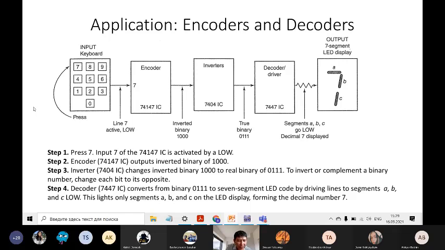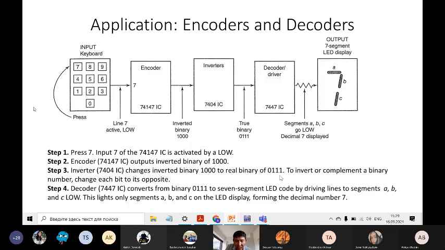So step 1, you press, activated by low. Then the encoder outputs inverted binary. For example, for 7 it will be 1000, but 1000 is not 7. So the inverter changes the inverted binary to real binary. What it's doing is it converts 0 to 1 and 1 to 0.